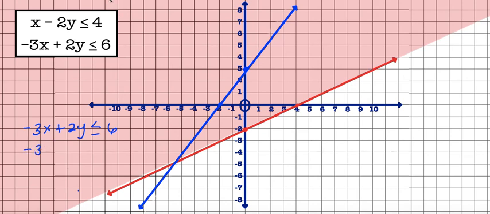So negative 3 times 0 plus 2 times 0 is less than or equal to 6. And so we end up with 0 is less than or equal to 6, which is true. So we're going to shade the side with 0, 0.